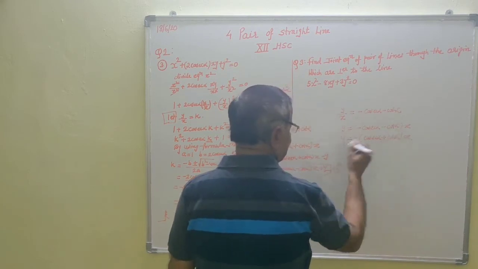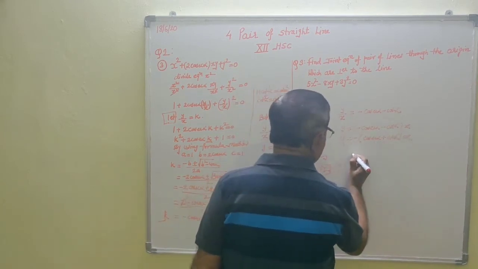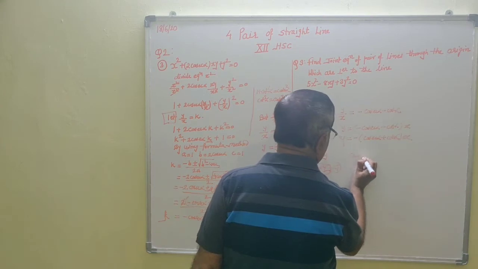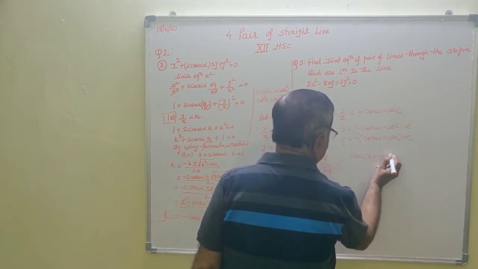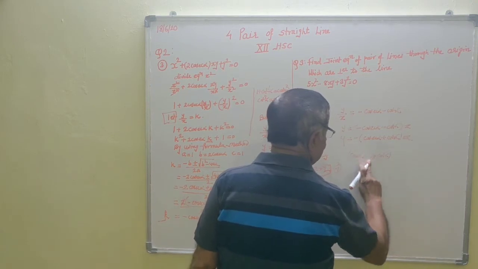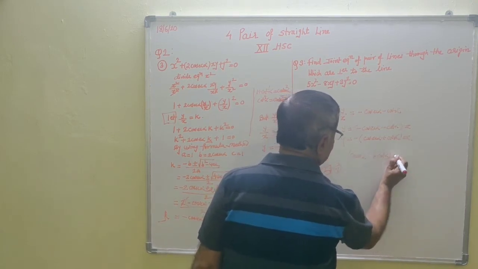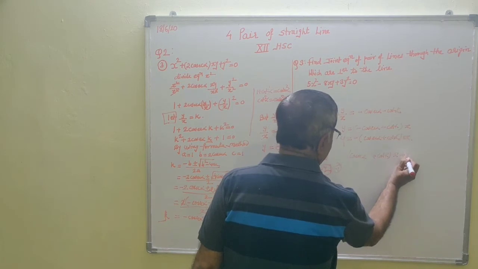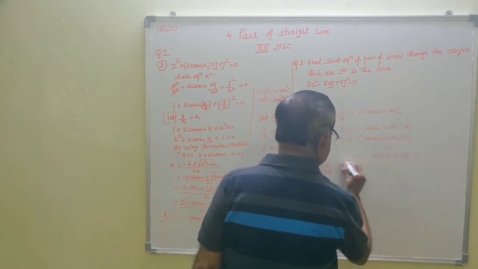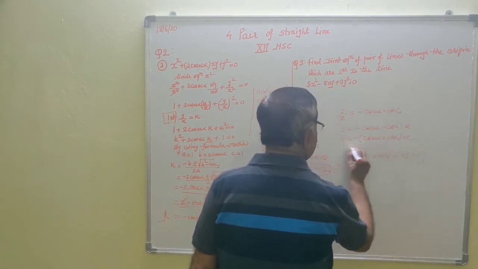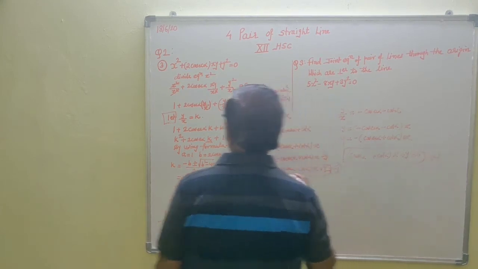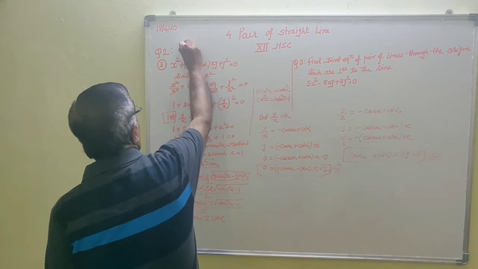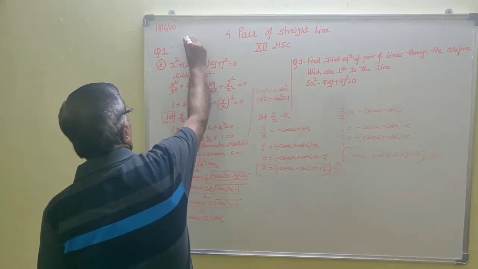Now I will transfer this whole term, so cosec alpha plus cot alpha into x plus y is equal to 0. This is the required second equation. This problem is very important for 3 marks, so you practice this problem.